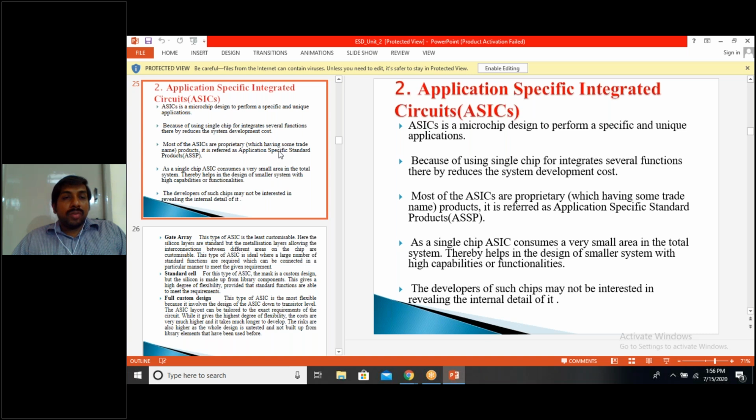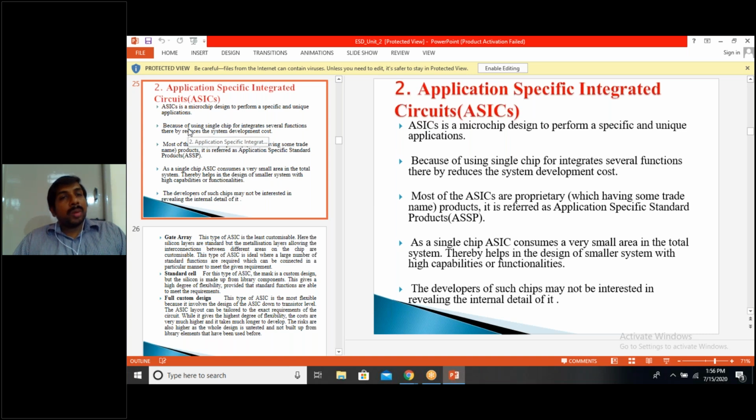It integrates several functions. So the hardware part, the instruction set, the memory, everything is related to the manufacturer vendor. So you can have less area, high speed, memory control, power control, everything is decided.